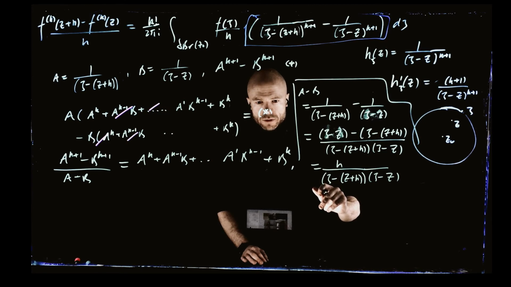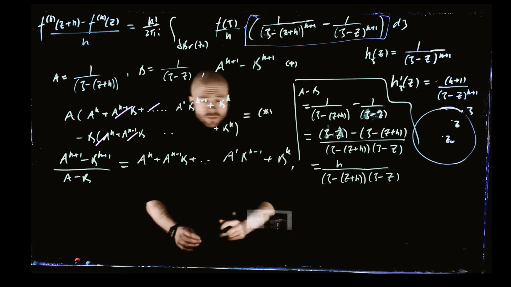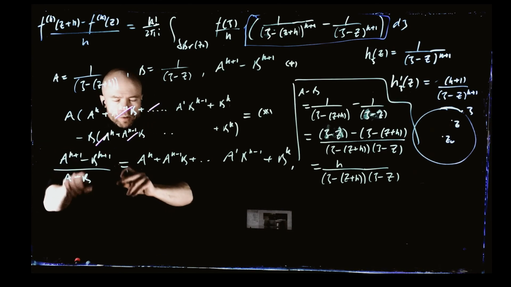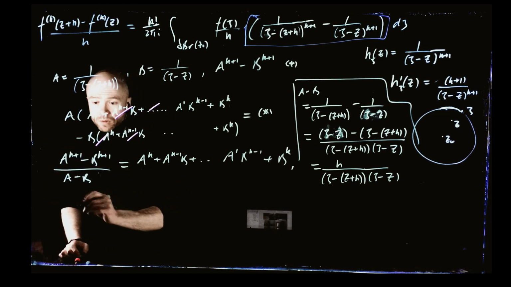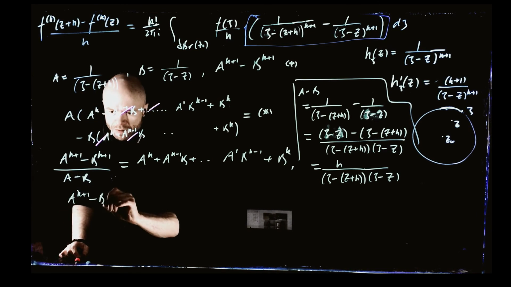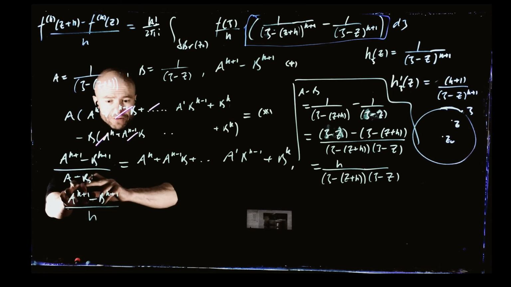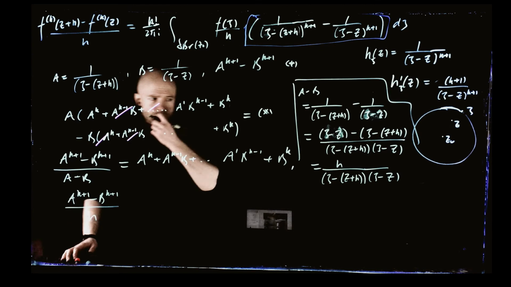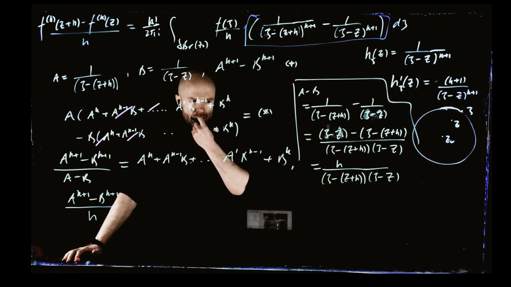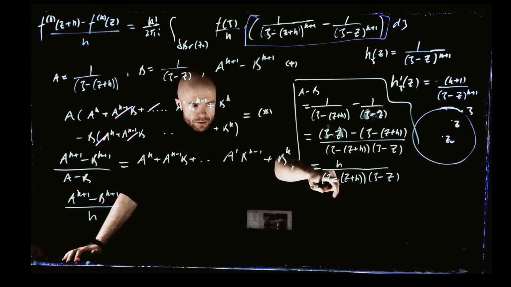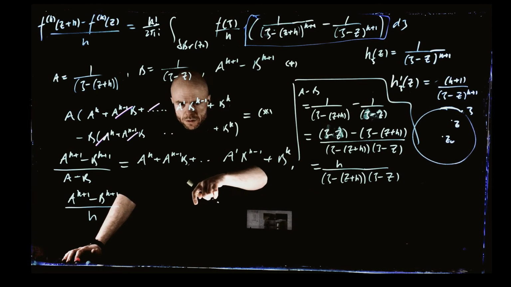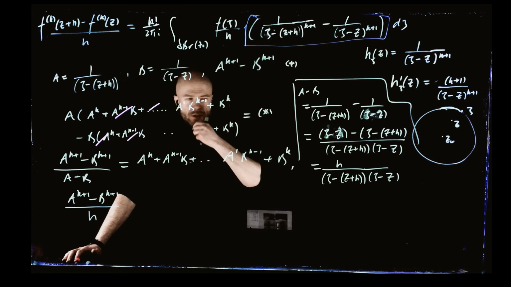Yeah? Cool. So let's look at this expression here, and we want to replace this by just a to the k plus 1 minus b to the k plus 1 over h. Which means we're going to have to divide by this thing on the other side.